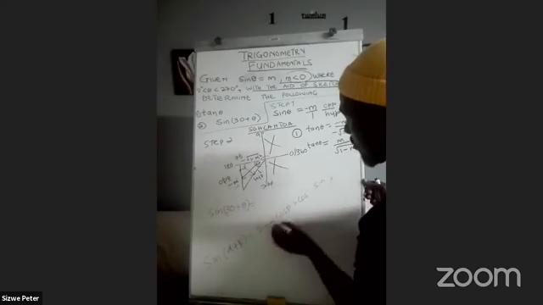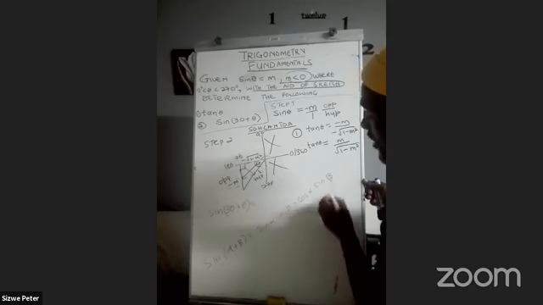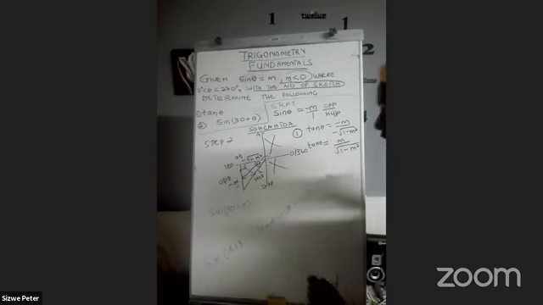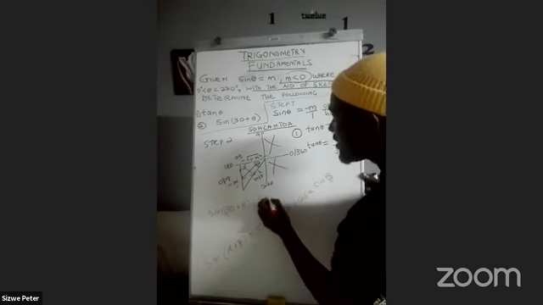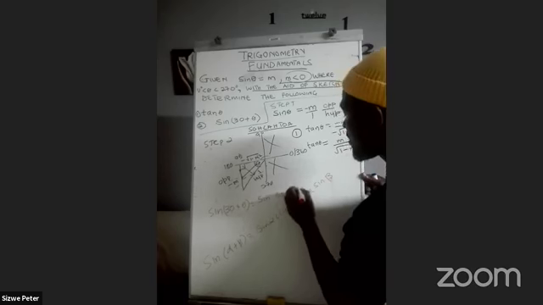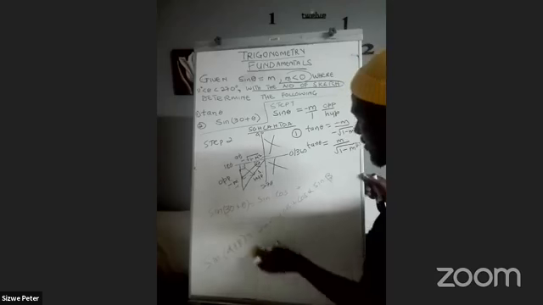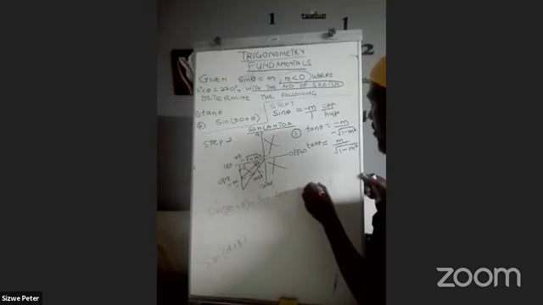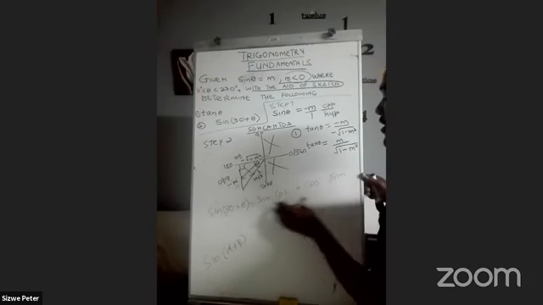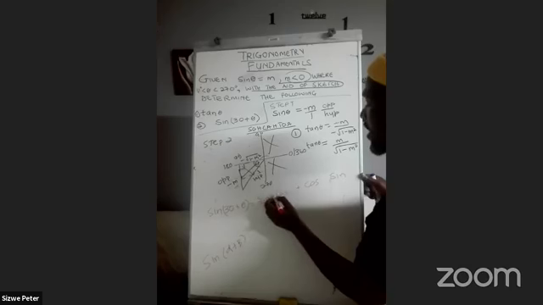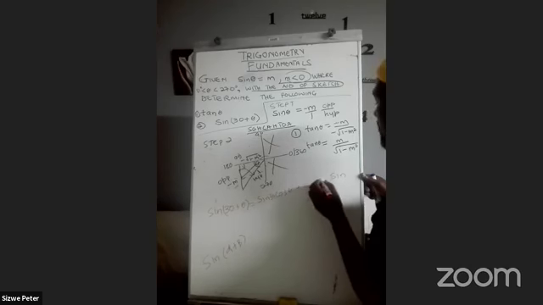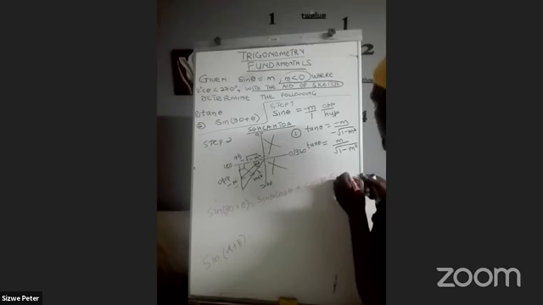This is alpha, this is beta. Now, this becomes what? Sine 30 cos theta, plus cos 30 sine theta. Distribute your angles. It's 30, it's theta, it's 30, it's theta.